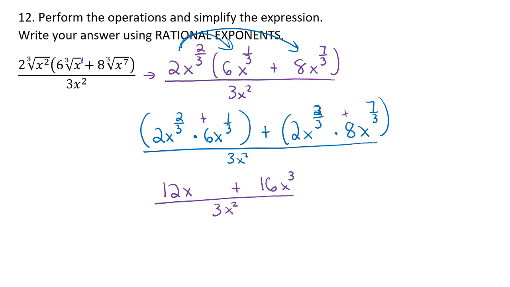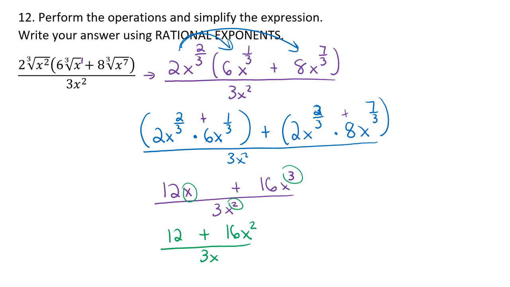And now we want to simplify. So I notice that we have an x here, 3 x's here, and 2 x's here. They all have an x in common. So I can reduce all of them by a single x. Then I'm looking at 12, 16, and 3, trying to find a number that they all share.